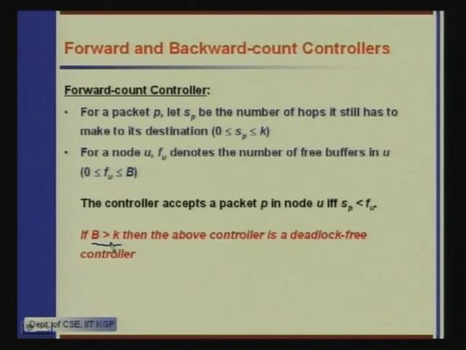So, SP will be less than B and we should be able to accept the packet. So, generation of a packet or acceptance of a packet in a node which has all empty buffers is always permitted, right. Remember, this is one of the requirements of a packet switching controller.